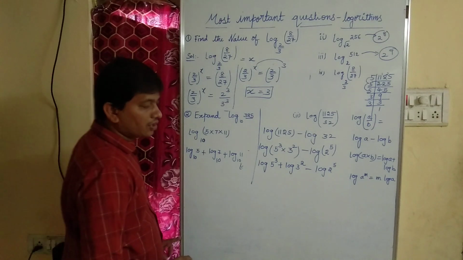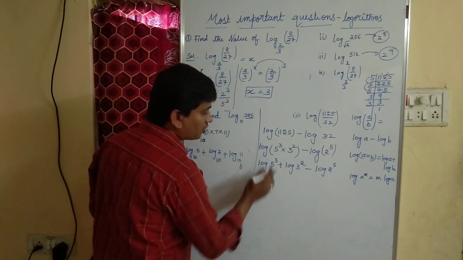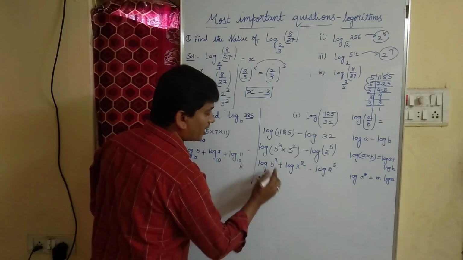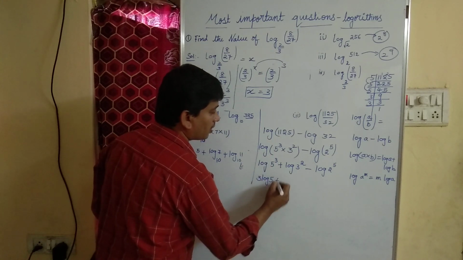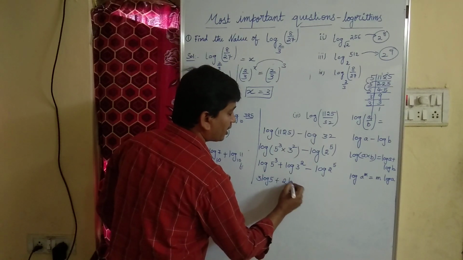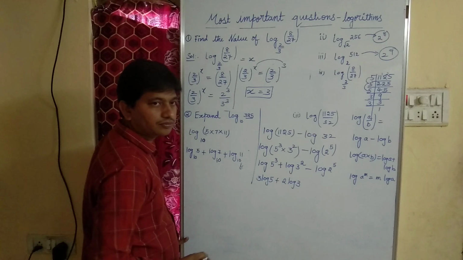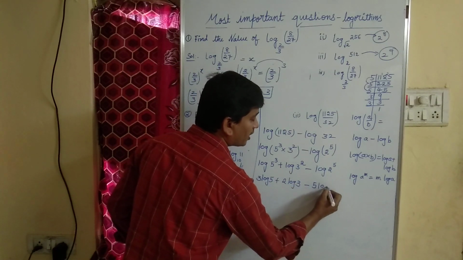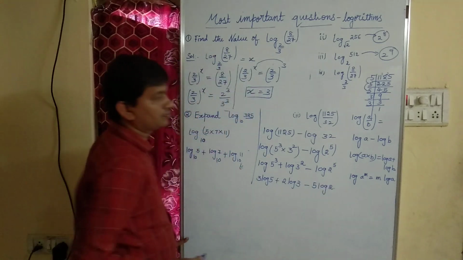So log 5 raised to the power 3 I can write as 3 log 5 plus log 3 raised to the power 2 I can write as 2 log 3 minus log 2 power 5 I can write as 5 log 2.